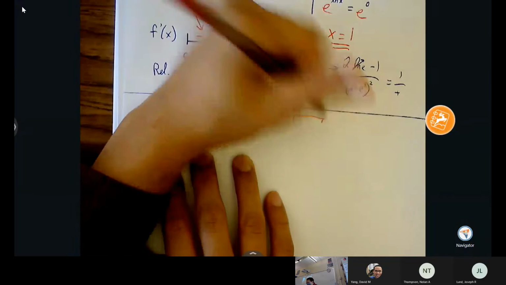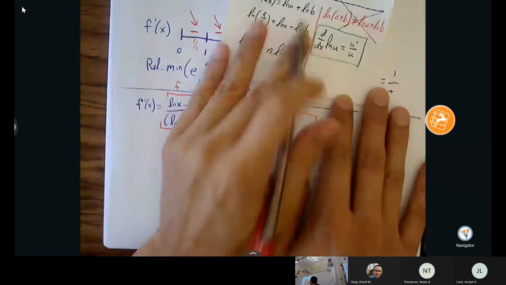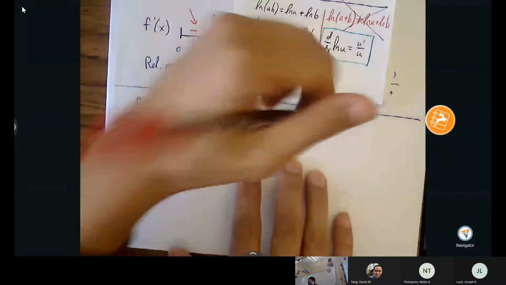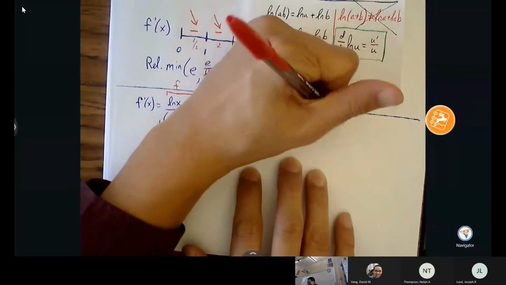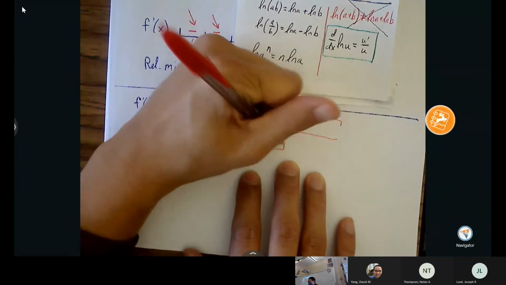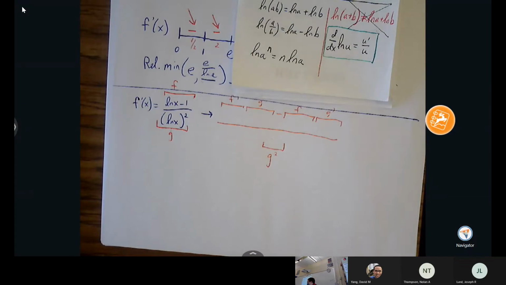What's the derivative of Ln? Derivative of natural log x will be u prime over u. Okay, what'd you guys get for f prime?